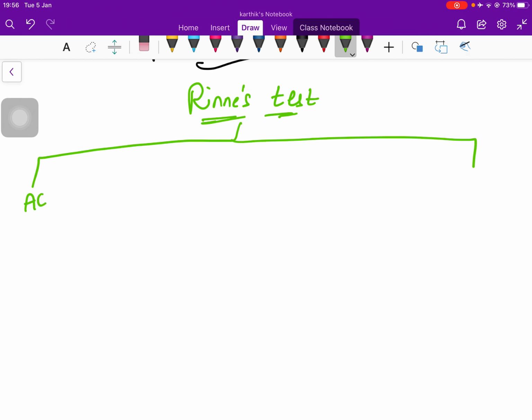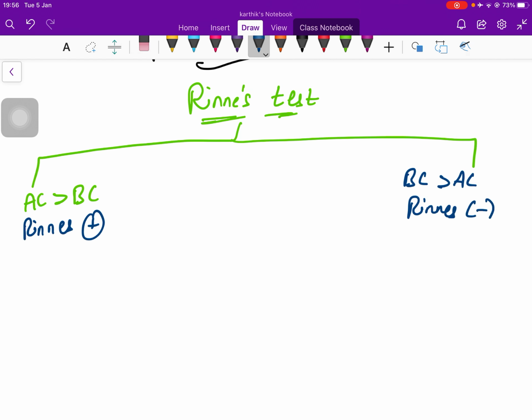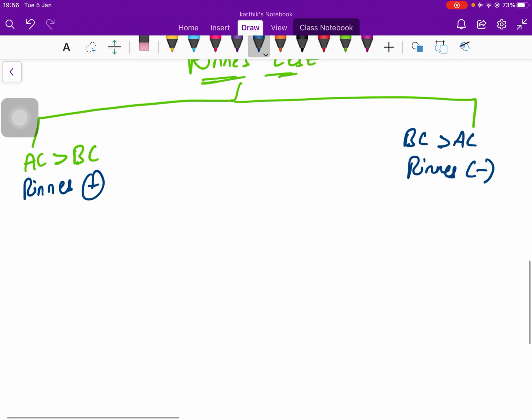If the air conduction is greater than bone conduction, it is Rinne's positive. If the bone conduction is greater than air conduction, it is Rinne's negative.